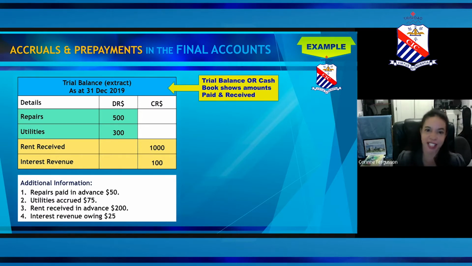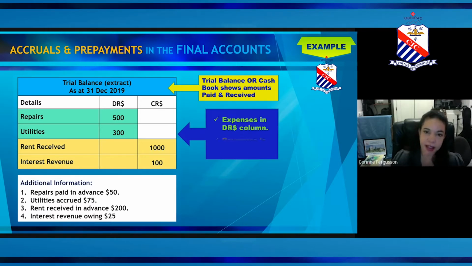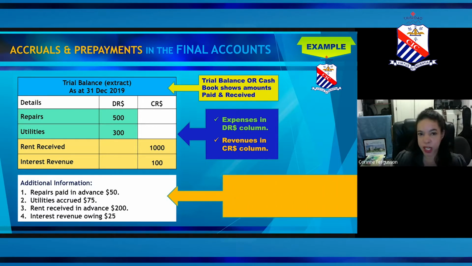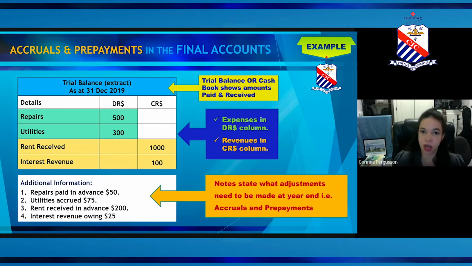But in Form 5, the trial balance that they give us shows the expense paid and the revenue received. That is in the trial balance, and then in the notes at the bottom, they show us if there's an accrual or a prepayment. So that is what we did last week.